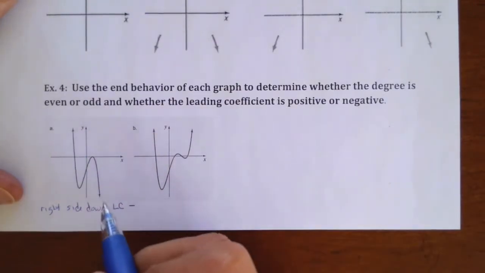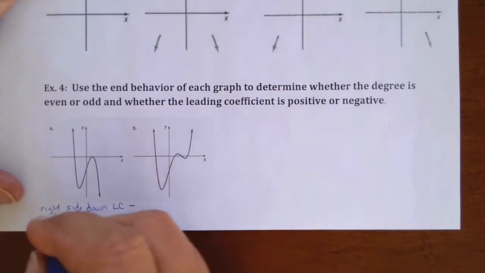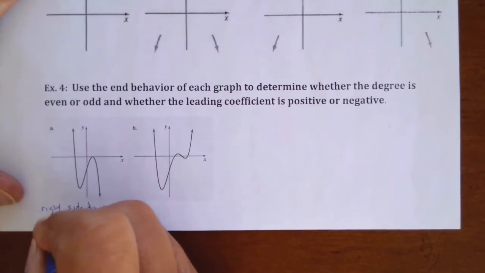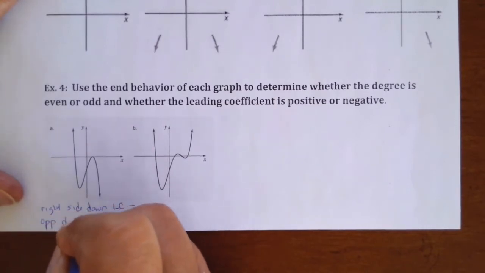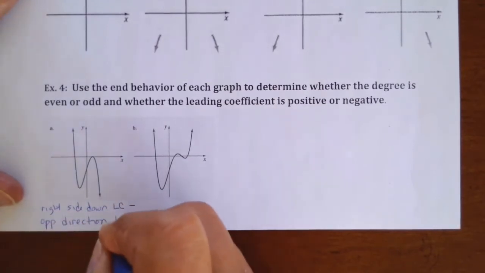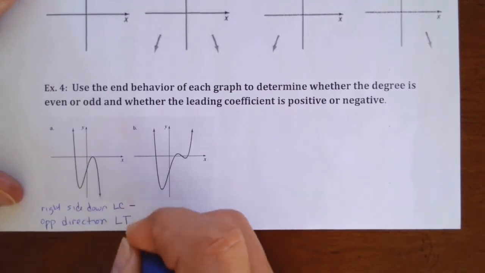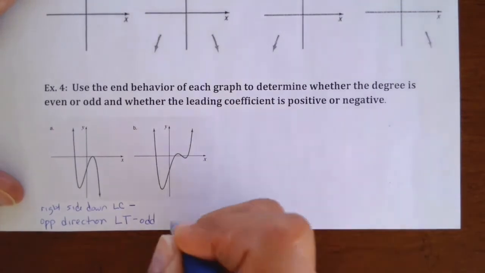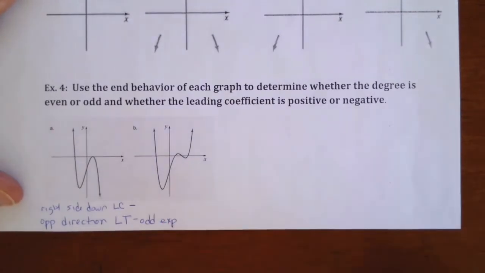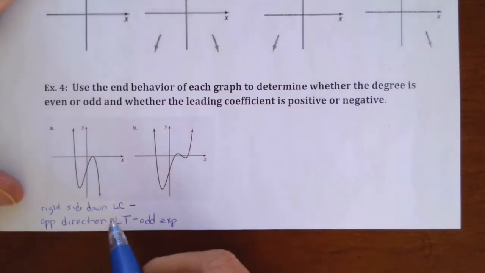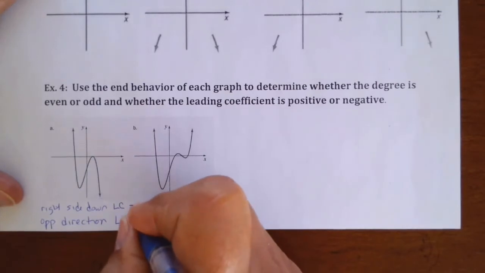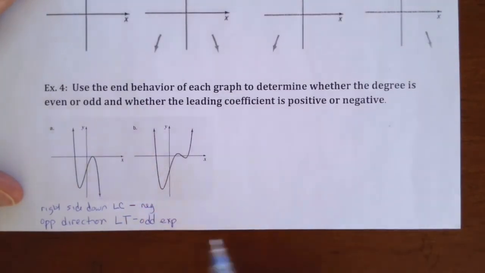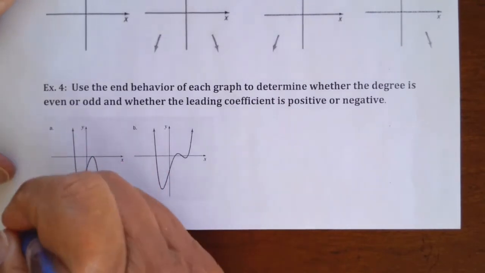And then since the two ends are going in opposite directions, that means the leading term is odd, has an odd exponent. Okay, odd, I'll put exponent there. So what this tells me is the leading coefficient is a negative number and the exponent has to be odd. Okay, so that's for this one.